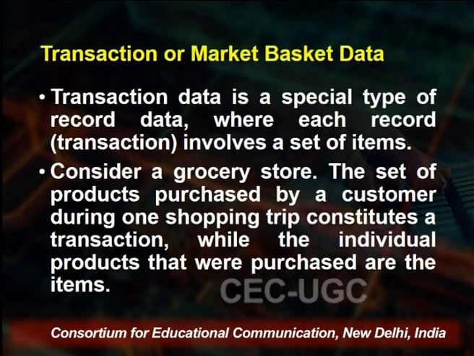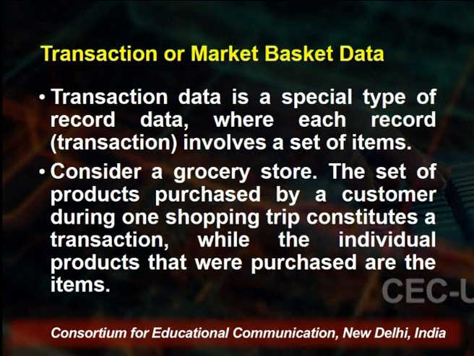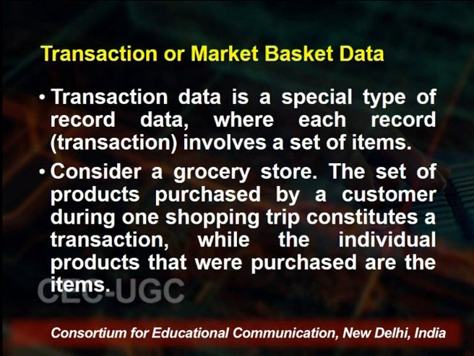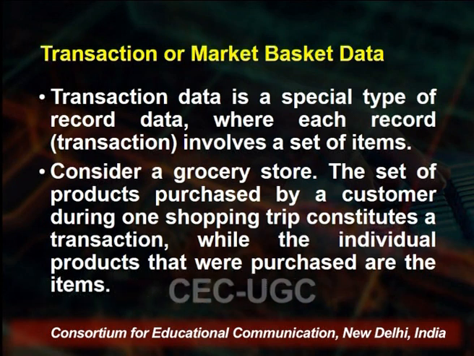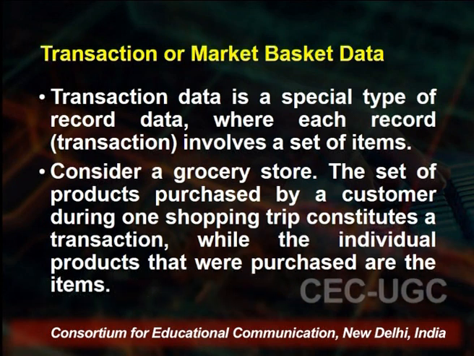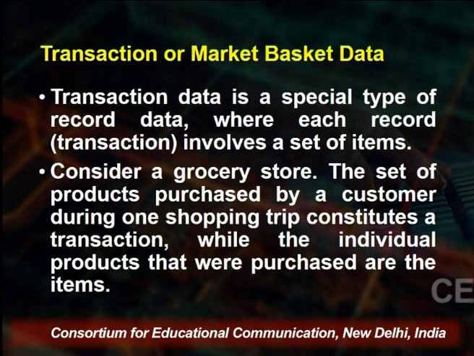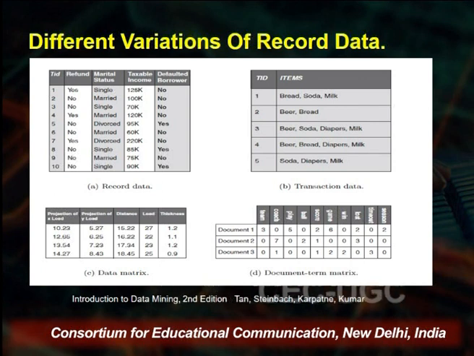The first type of record data that we look at is the transaction or market basket data. Transaction data is a special type of record data, because each transaction involves a set of items. Every customer comes to the grocery store and buys a certain number of items.